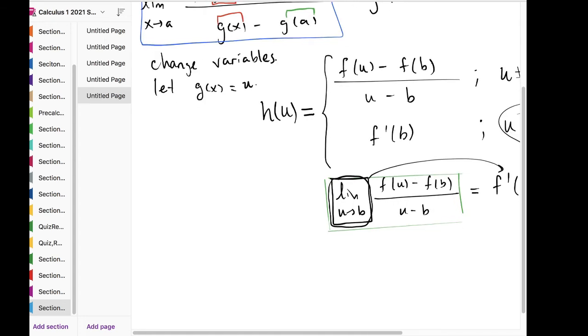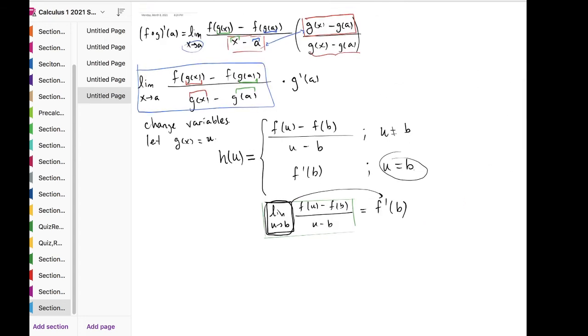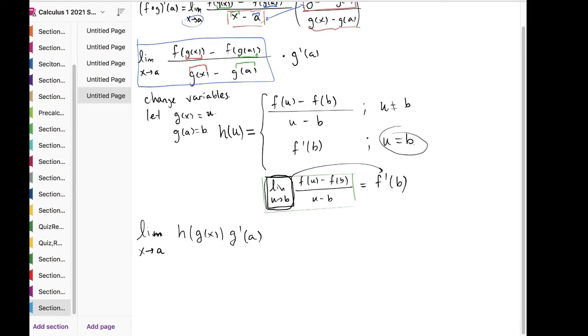Okay, so let's bring our variables back. So we let g of a be equal to b. Okay, so let's bring it back, and we get the limit as x approaches a of h of g of x, g prime of a. What is the limit as x approaches a of h of g of x?